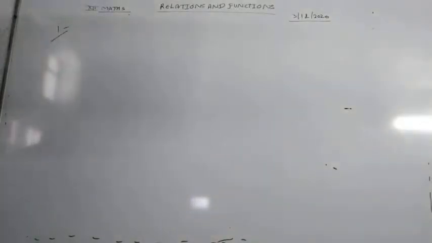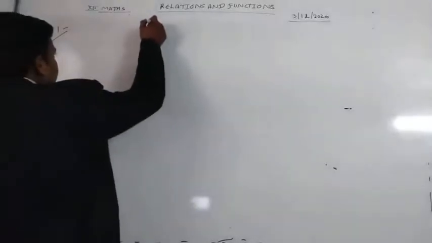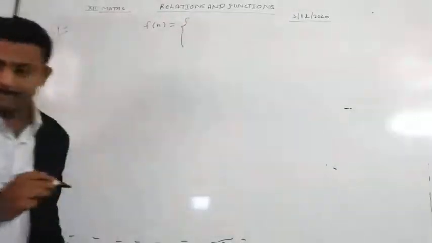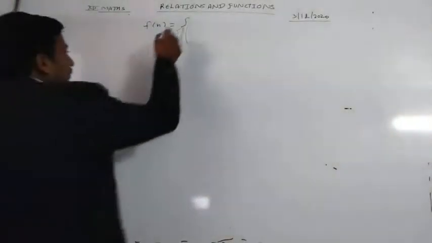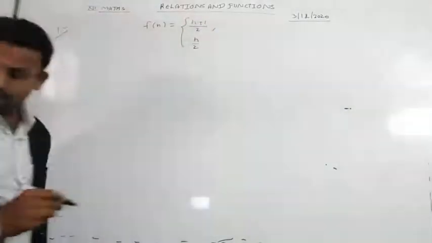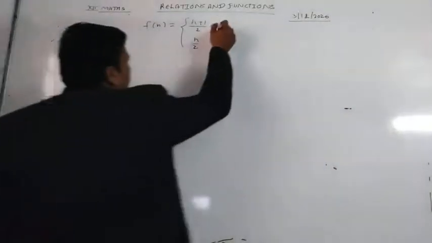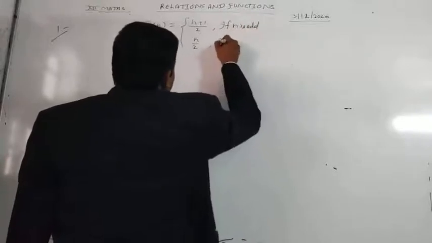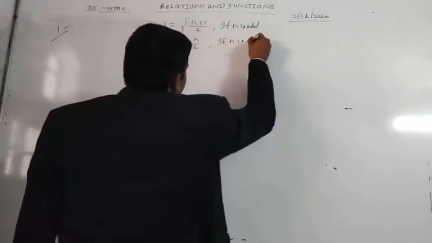Our first question says that let f from N to N be defined by f(n) is equal to (n plus 1) by 2 if n is odd, and n by 2 if n is even.